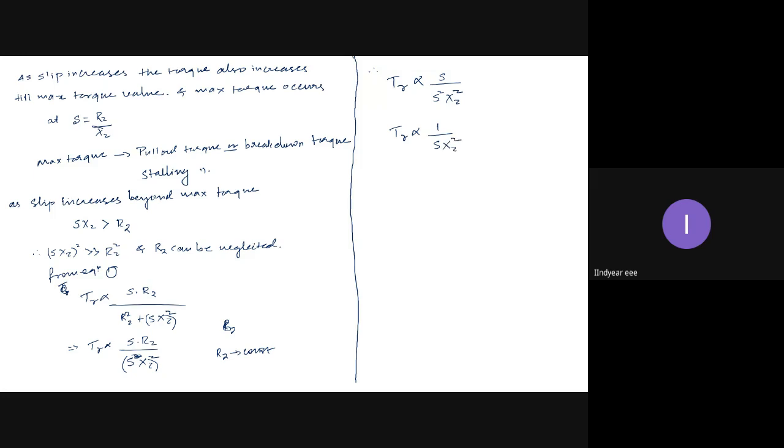Now what is X2? Or I can write TR proportional to 1 over S, because X2 is a standstill reactance which is also a constant. S into X2 is variable, but X2 is a constant as it is a standstill reactance.